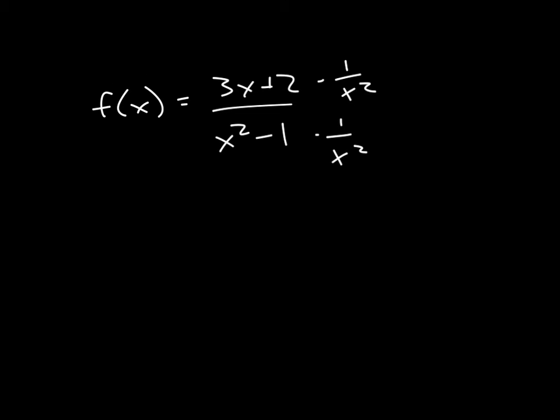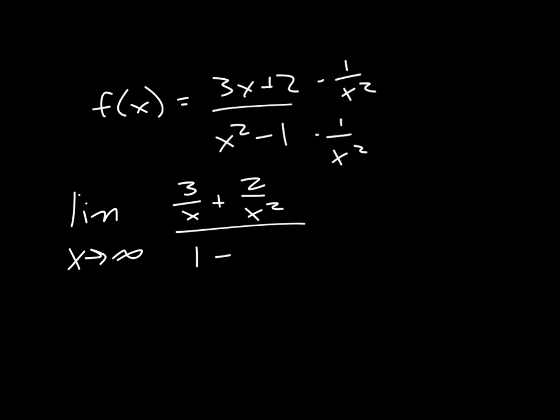Okay? And the reason I'm doing that is what we're finding here is the limit as x approaches infinity. So I'm going to force it into something that produces a lot of zeros for us. Okay? So is it okay to say that now this is 3 over x, this is 2 over x squared, this is 1, and this is 1 over x squared? Does that make sense?